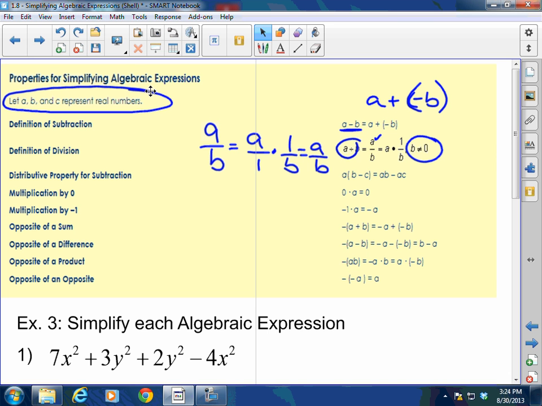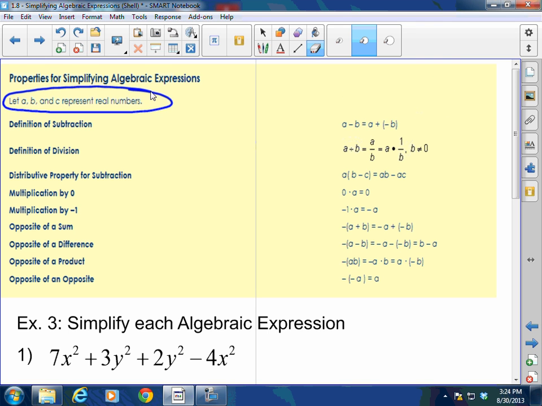Then the distributive property for subtraction. I'm also going to tell you the distributive property of addition as well. I don't know why they didn't include it in this sheet that I got. But basically what the distributive property says is you're going to distribute the outside value to everything inside of the parentheses. So A times B is AB minus A times C, which is AC.